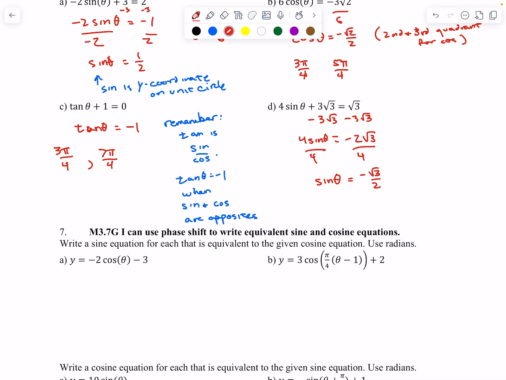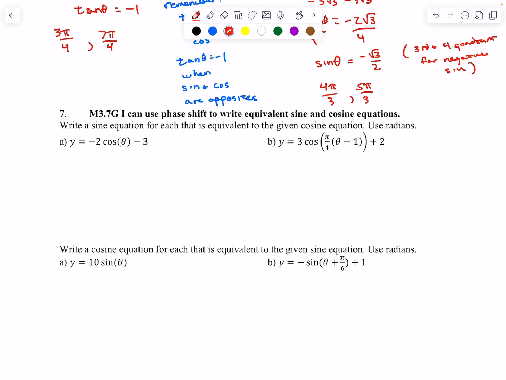Sine is negative in the third and fourth quadrant. So the third and fourth quadrant of not pi over 6 but pi over 3 is 4 pi over 3 and 5 pi over 3.